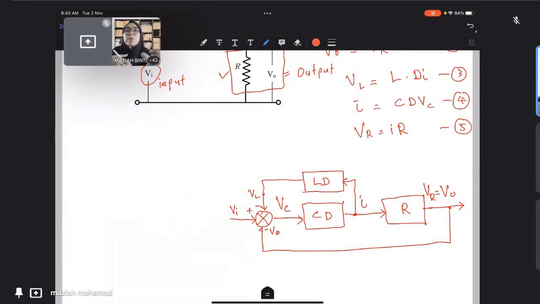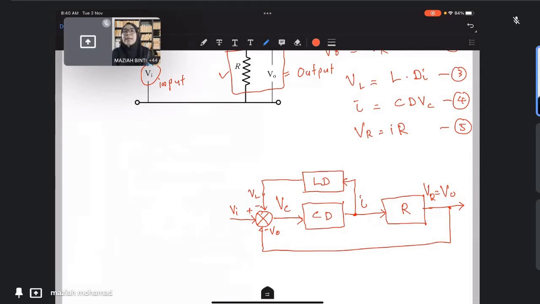You should be able to come out with all the governing equations for the system based on the basic equations that we have learned, and then draw the block diagram. So that is the first part. We have completed the first part.